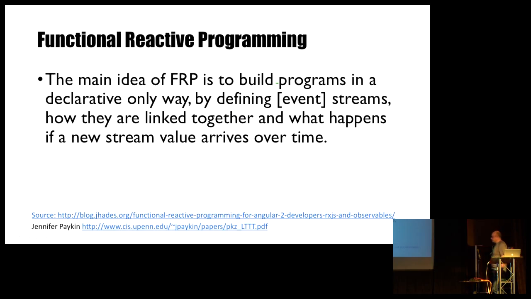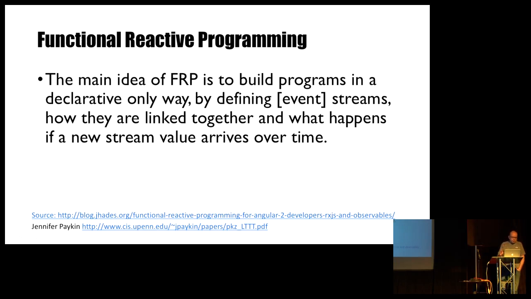Really, where we are today is the industry is going full speed into what's called functional reactive programming. You cannot read a blog or open an article that's not talking about FRP. And FRP has a lot of definitions, but I feel this one is probably the one most people would have in mind.